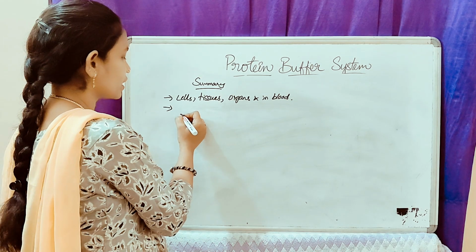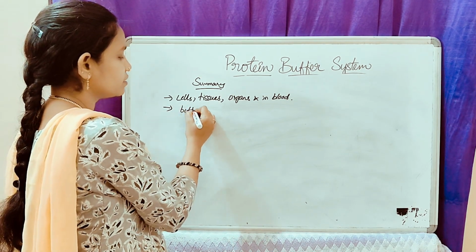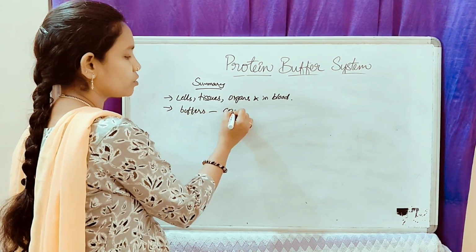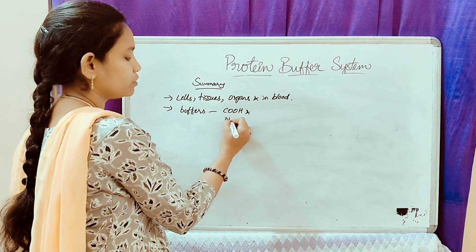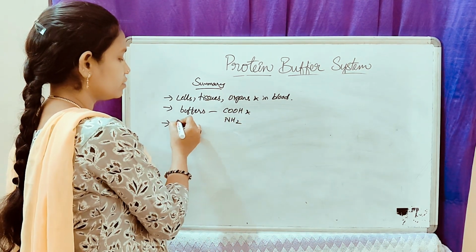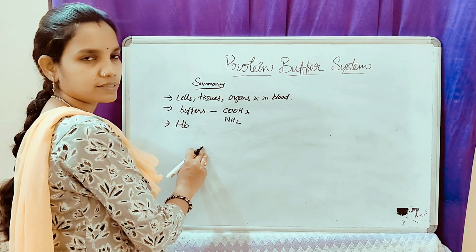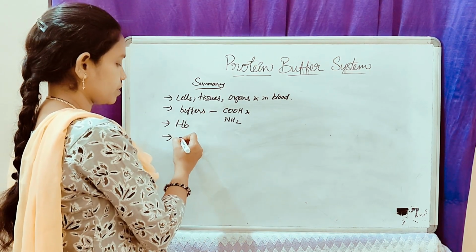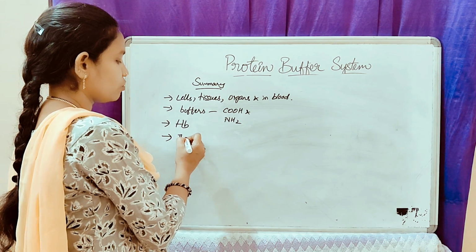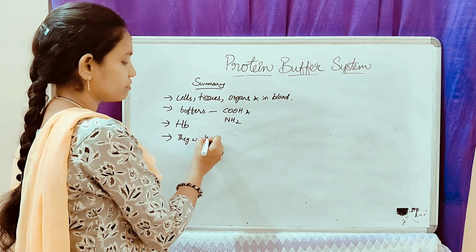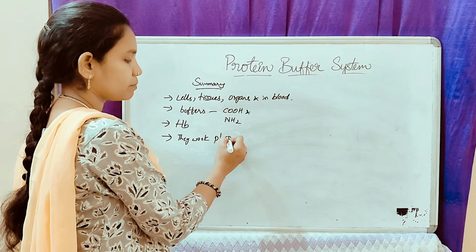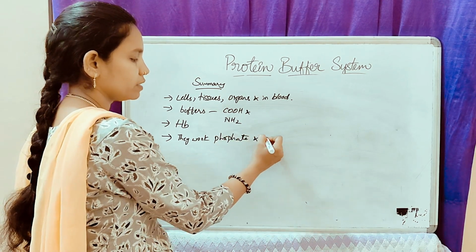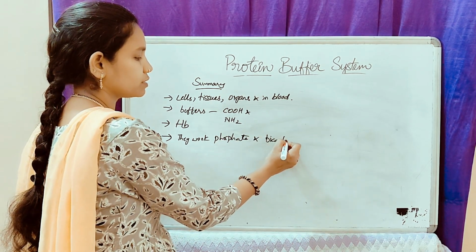Second, here the proteins act as buffers because they have carboxyl and amino groups. Third, we have taken hemoglobin as an example and its mechanism. Fourth, they work along with phosphate buffer system and bicarbonate buffer system to maintain what? Homeostasis.